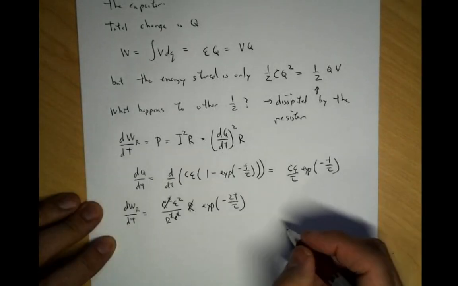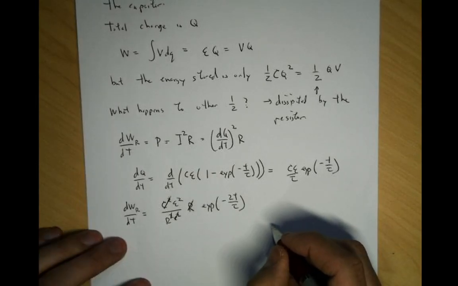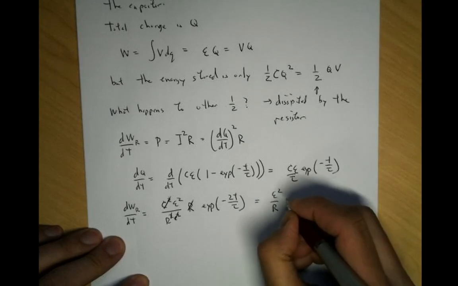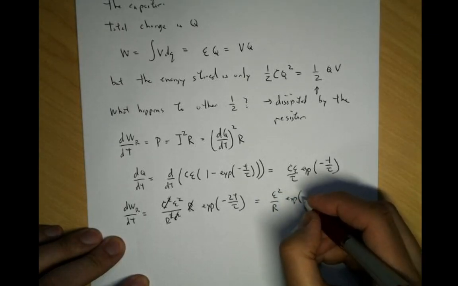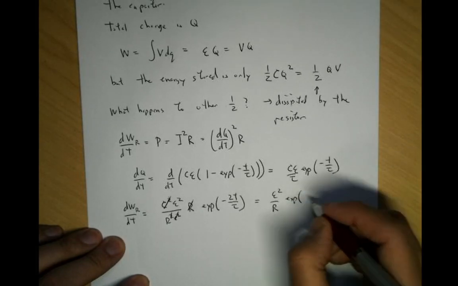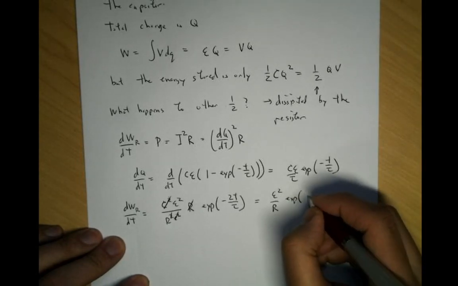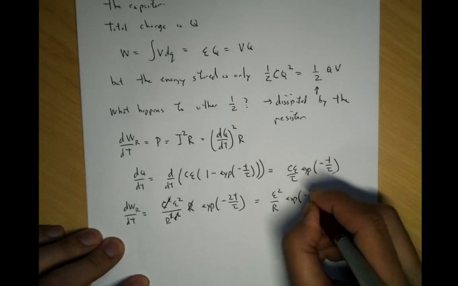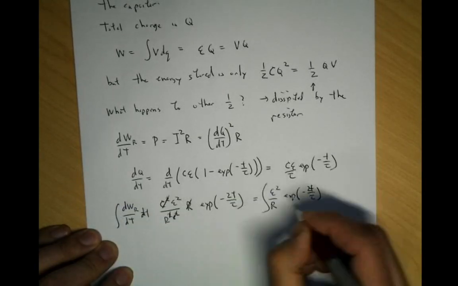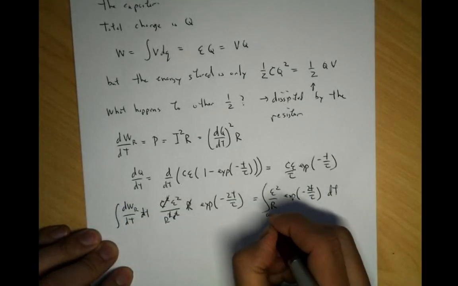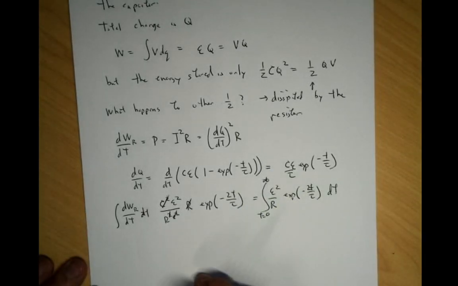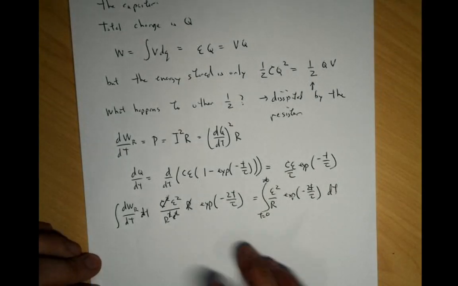And so what we have is epsilon squared over R, exponent minus 2t over tau. Okay, so now let's integrate this with respect to time, from t equals 0 to infinity, because that's how long it takes to charge this capacitor fully, completely.